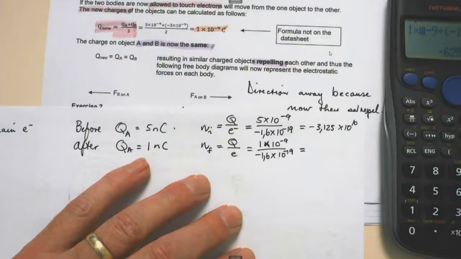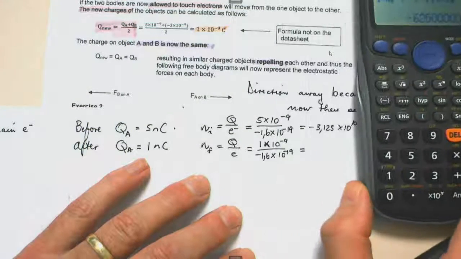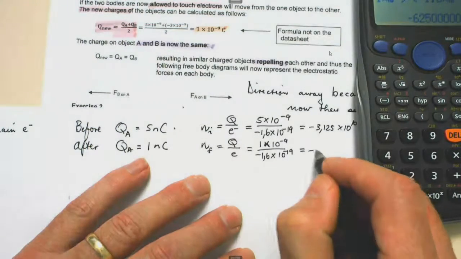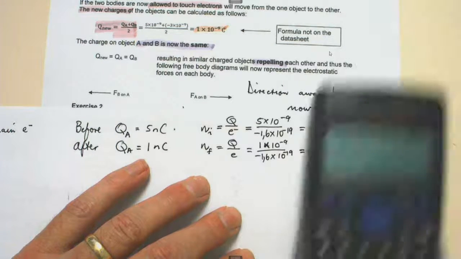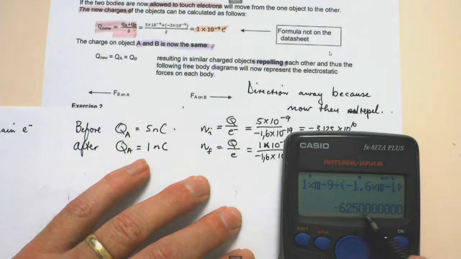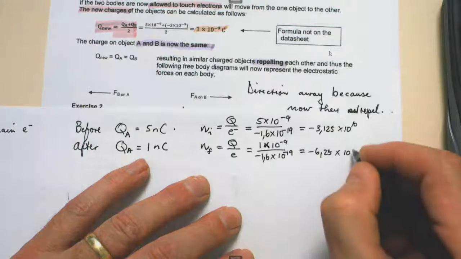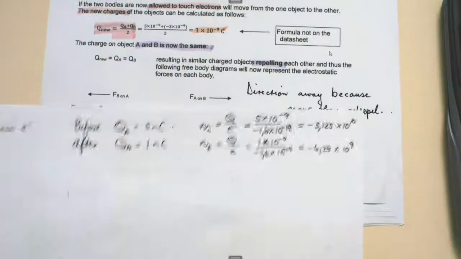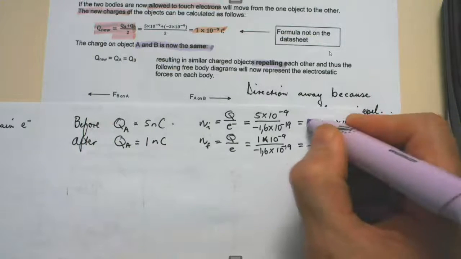I think the calculator is just not set to give me scientific notation, but I can do that quickly myself. It gives me negative 6.25, and now I'm just going to count 1, 2, 3, 4, 5, 6, 7, 8, 9, times 10 to the power 9. Okay, so I've got the two amounts of electrons that it had.